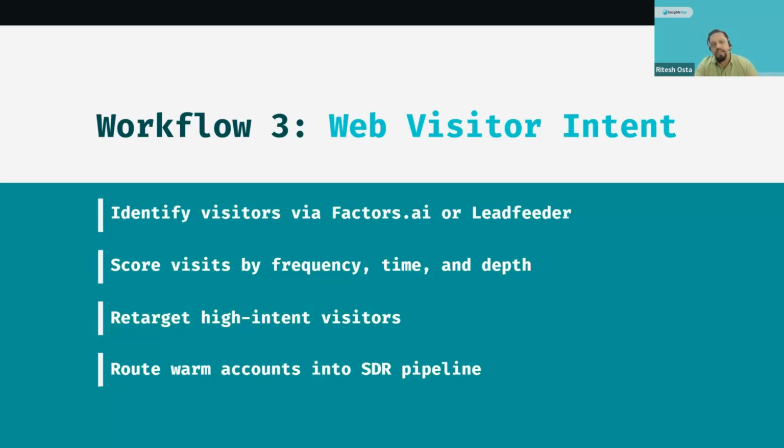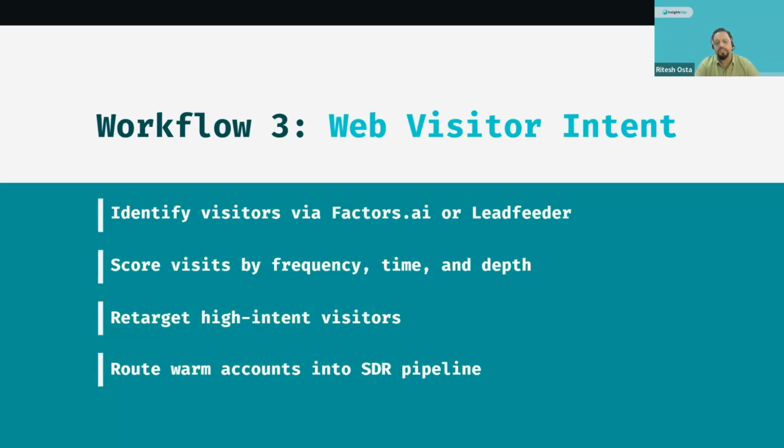Then based on the segments, create audiences and retarget the high intent visitors on LinkedIn and Google, and route warm accounts into the SDR pipeline. If the account is also interacting with the ads and with your website together, route those high intent accounts to your SDR pipeline so they can do their personalized outreach.